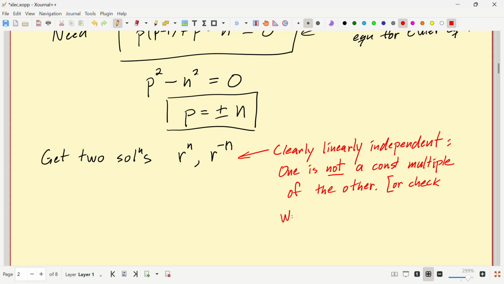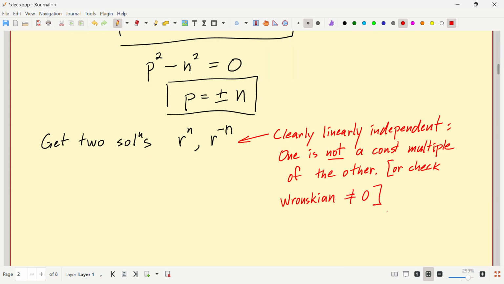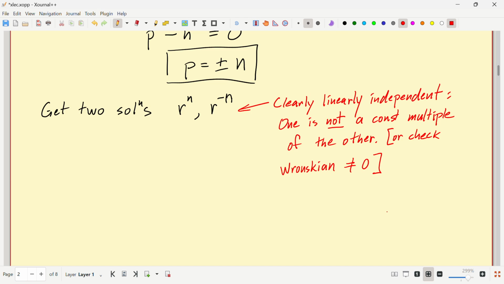Remember what the Wronskian was. I guess I didn't want to do this, but I'm going to do it anyway. The Wronskian is equal to the determinant.